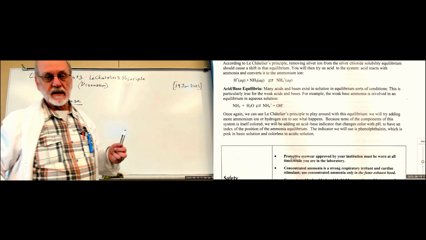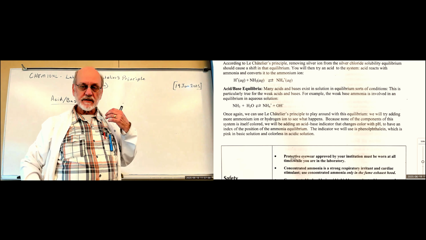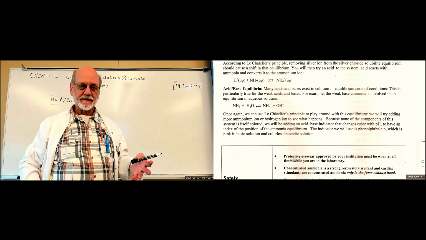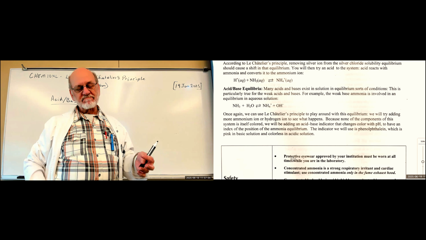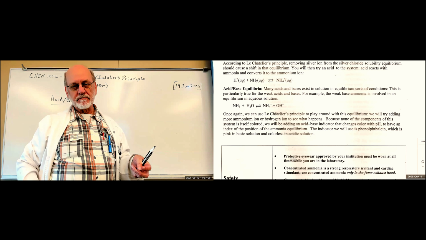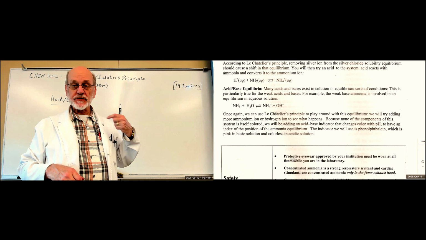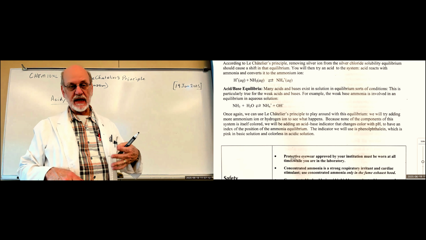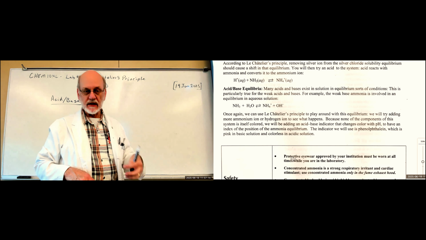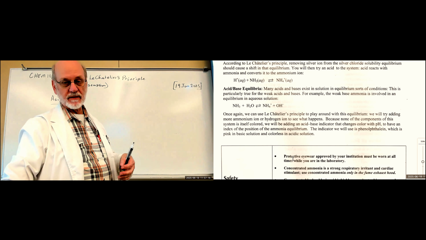In this case, we're going to have a solution of ammonia, and the weak base, ammonia, should produce some hydroxyls in aqueous solution, which means it should give us a basic solution.